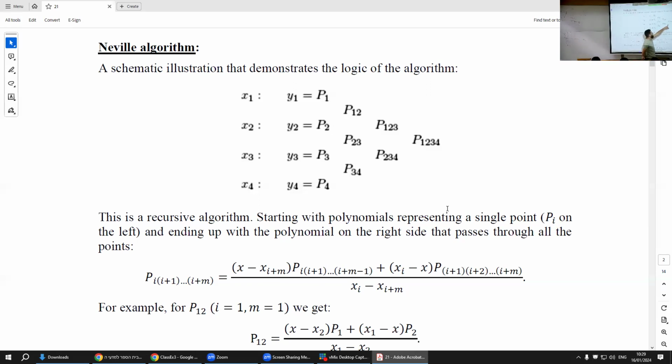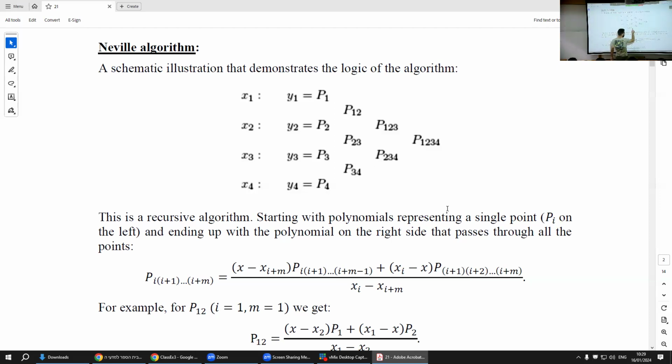So this polynomial at the end of the process will be what? Yes, but we know what it is. It will be the Lagrange polynomial. But if you add for me another piece of information, I will only calculate p5, which is given.